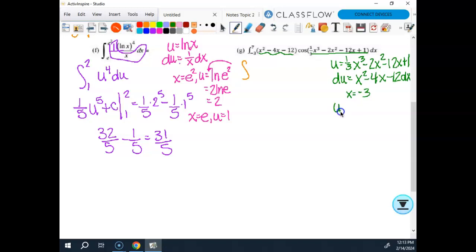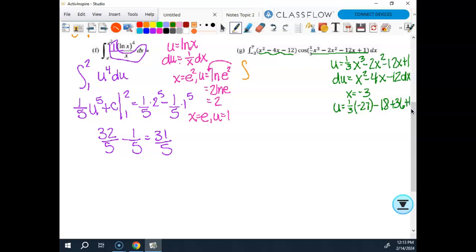So u would be equal to 1/3 times -3 cubed, which is -27, minus 2 times 9, which is 18, plus 36, plus 1. Do y'all agree with that?